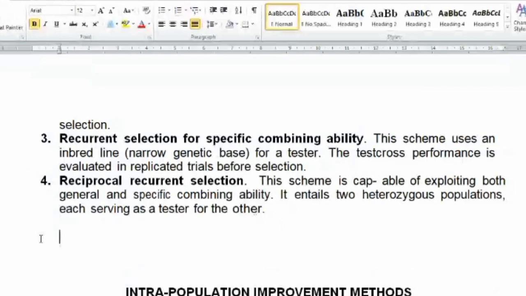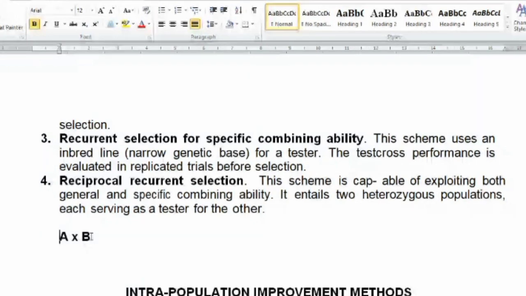Let's say you cross parent A to parent B. You have made A the female and you obtained pollen from B. So progenies that you will make will be progenies whose mother is A. Now, you can also make A the pollen source, and B now becomes the mother.